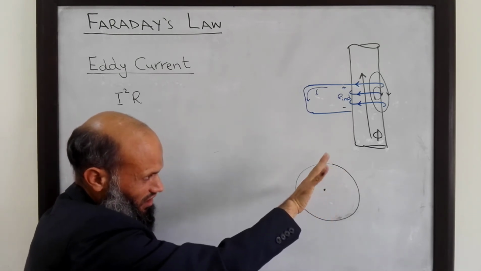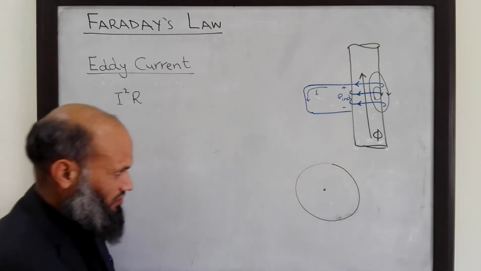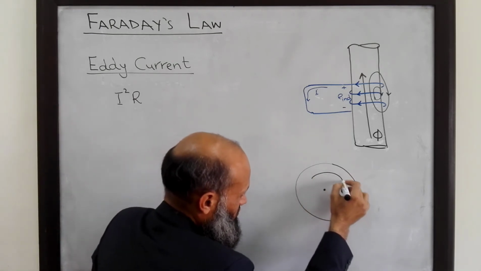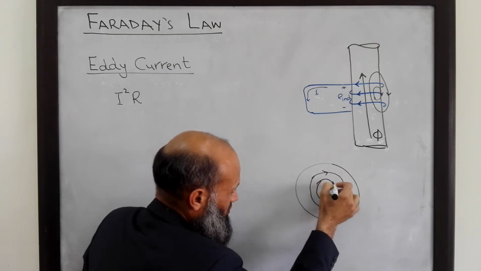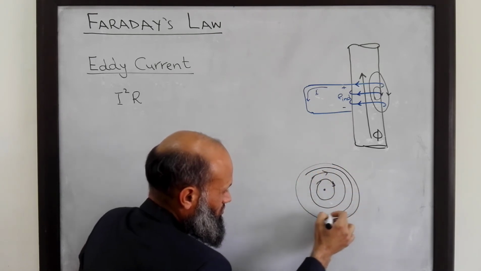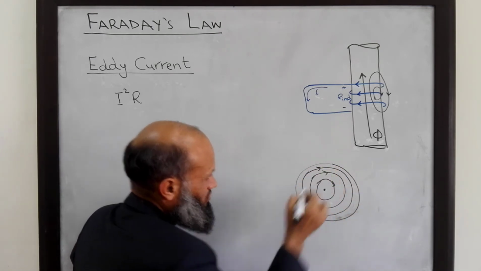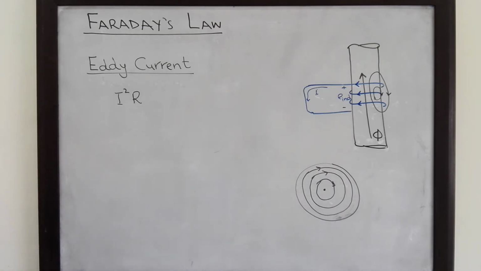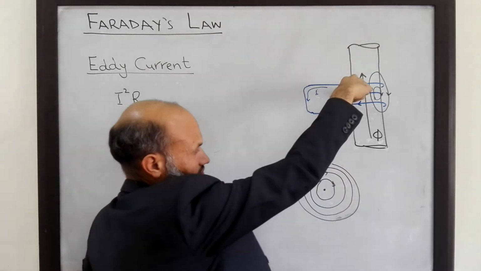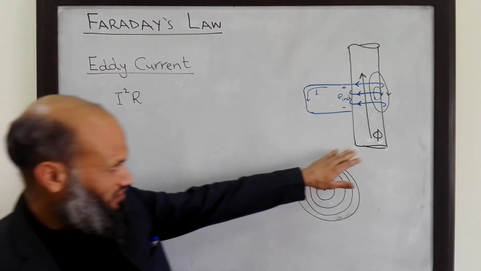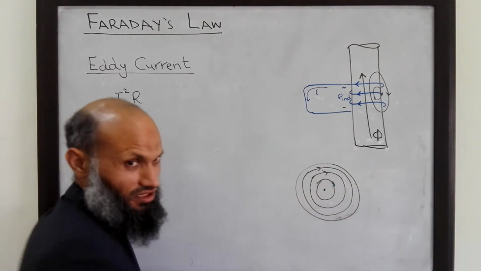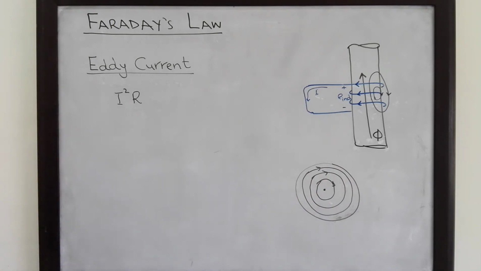That is, the direction of current will be clockwise. So these eddy currents will start flowing in the core of the conductor. If we are looking from the top of this ferromagnetic material, this will be the direction of current in the core.